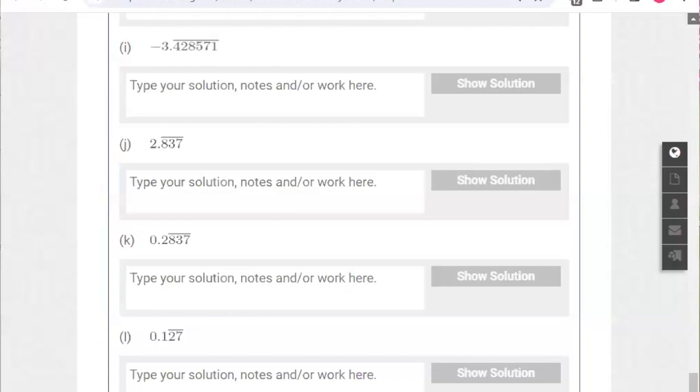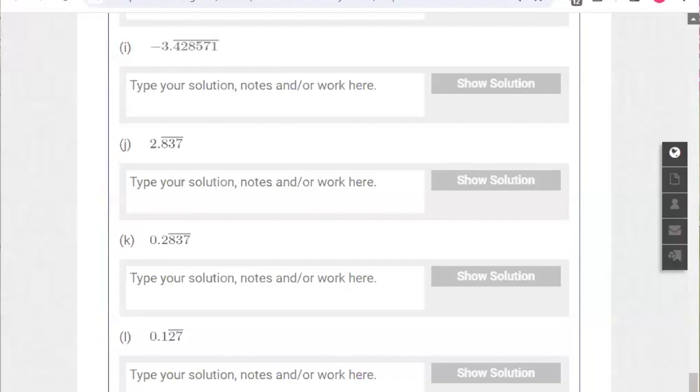Look at this and look at this. Are they the same or different? Same. They're the same, and that makes us happy. So we have 1,000x equals 2,837.837 repeat. And we're going to subtract x, which equals 2.837 repeat.